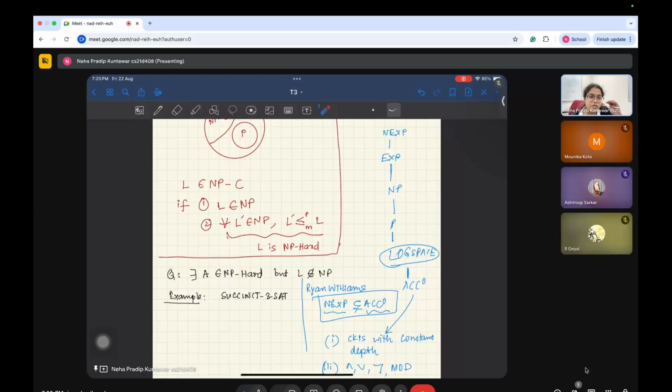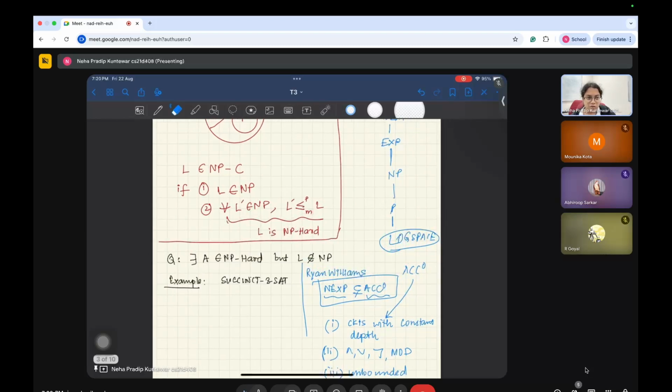So this is like the first result that separated a much larger class from a very small class, but we didn't know how to even prove that for a very long time. So that's why this was a very celebrated result. Also, the techniques that it introduces are very interesting, but we'll not get into any of that.